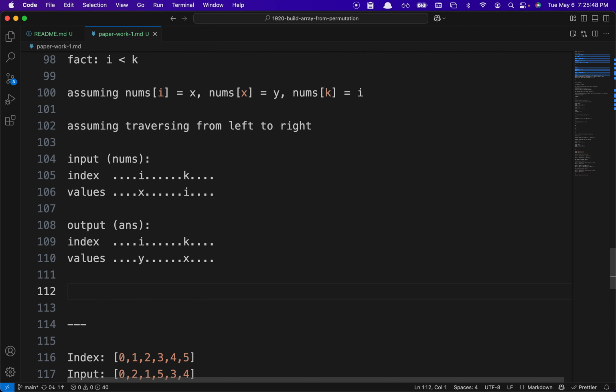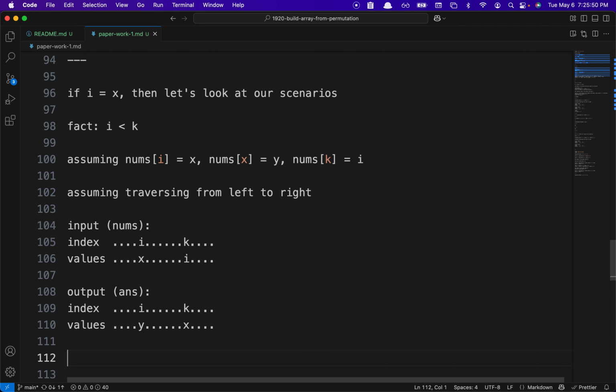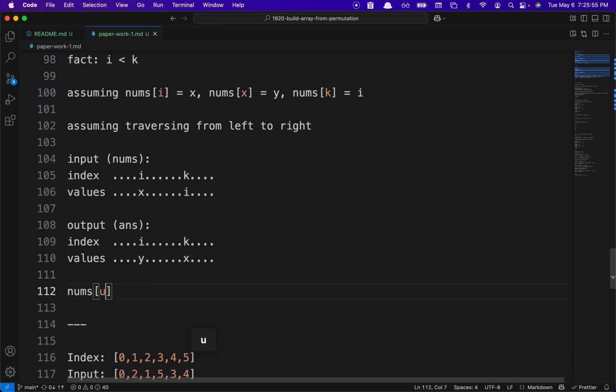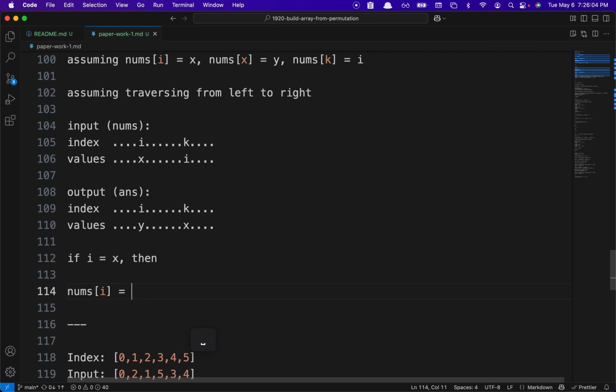If you say I is equal to X, right? So you say I is equal to X. So then nums of I equal to X. If I equal to X, then nums of I equal to X becomes nums of I equal to I or nums of X equal to X, right?